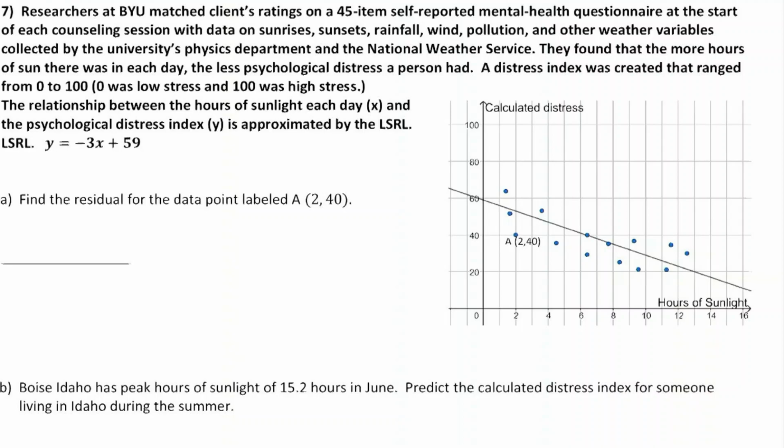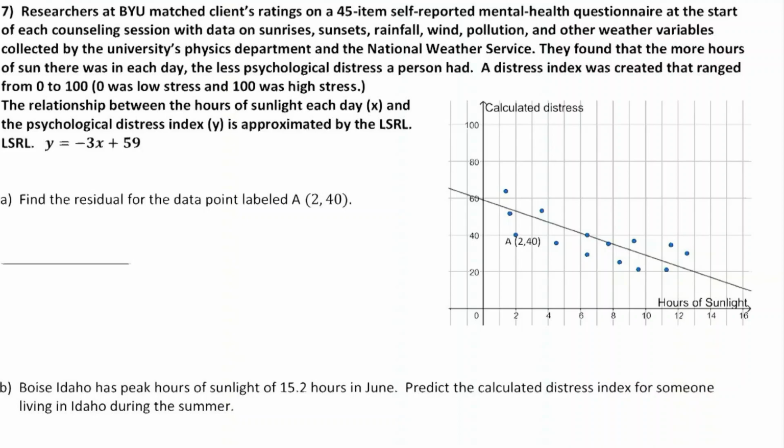They found that the more hours of sun there was in each day, the less psychological distress a person had. A distress index was created that ranged from 0 to 100. 0 indicated low stress and 100 was high stress. So this is like the calculated distress.